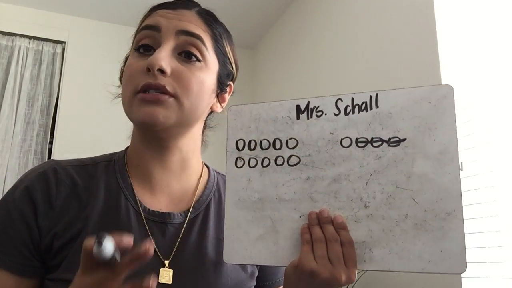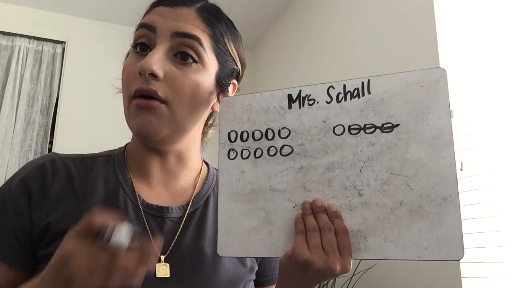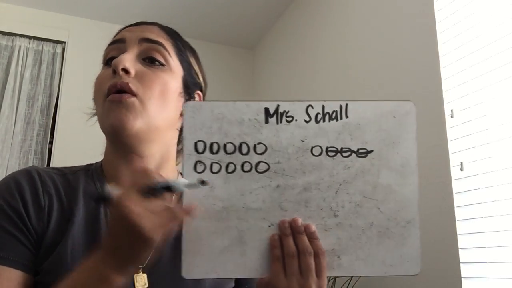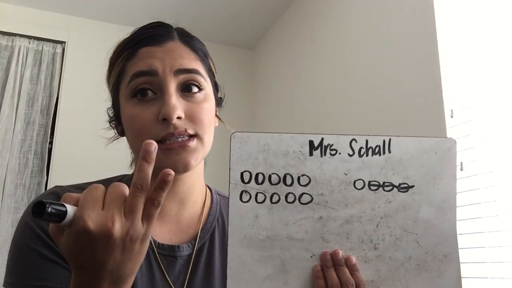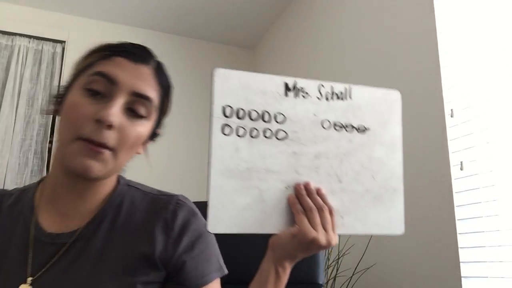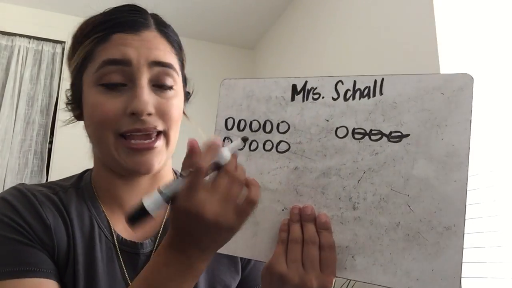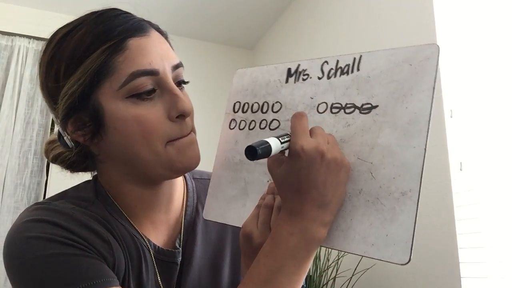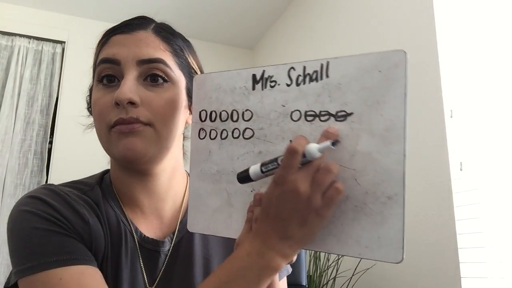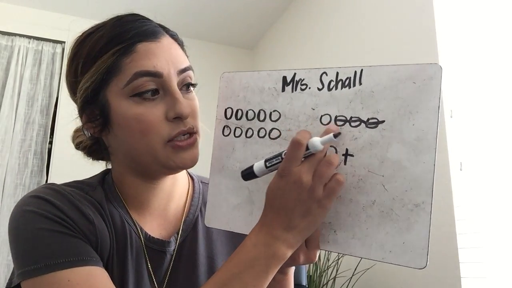Now, this is the birds that are on the grass. Now I have a picture. I'm going to write some math sentences. We have to have an addition sentence and a subtraction sentence. So first, we had 10 plus, how many came? 1, 2, 3, 4.